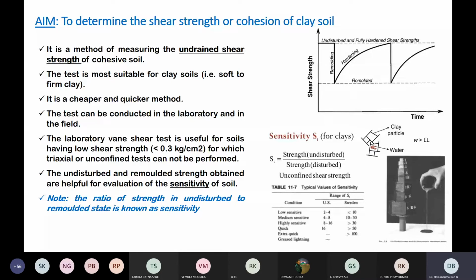That is called sensitivity. It is how much strength is exhibited by the soil under undisturbed condition upon how much strength is exhibited by the soil upon disturbance.